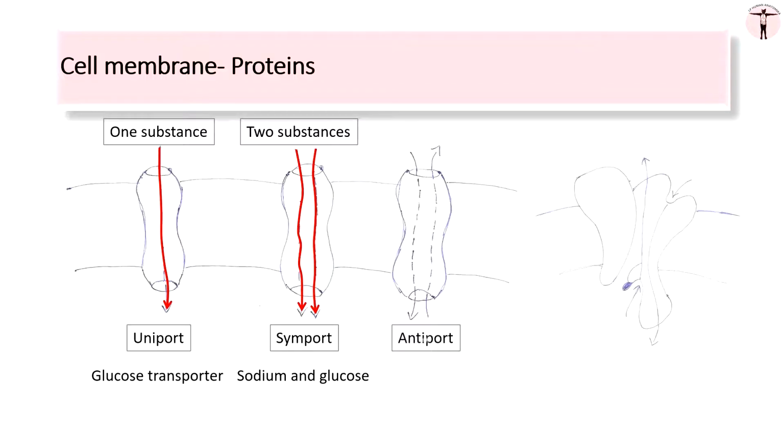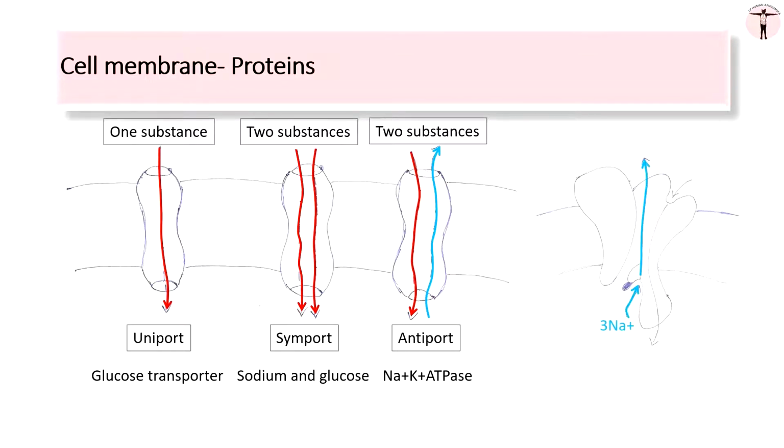Antiports allow the movements of two substances in opposite directions. The activity of sodium potassium ATPase is a classical example of antiport. It moves sodium out of the cell in exchange for each potassium that moves into the cell.